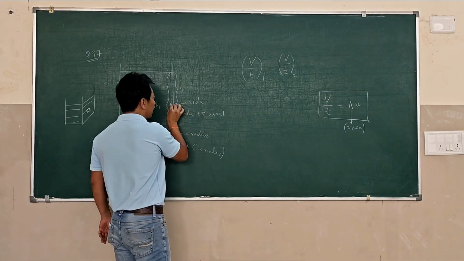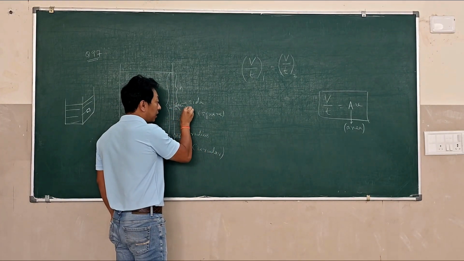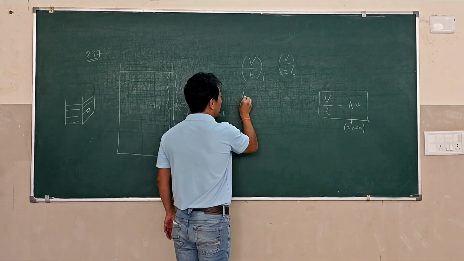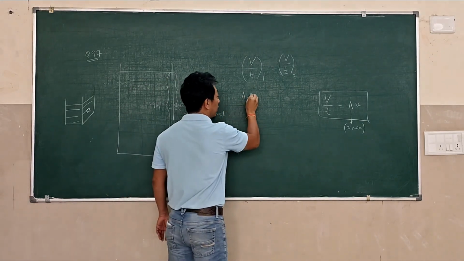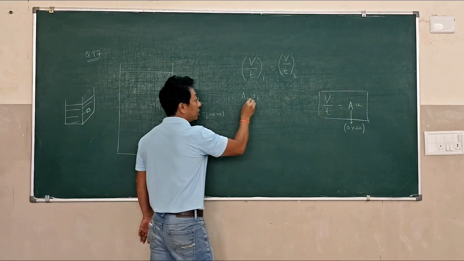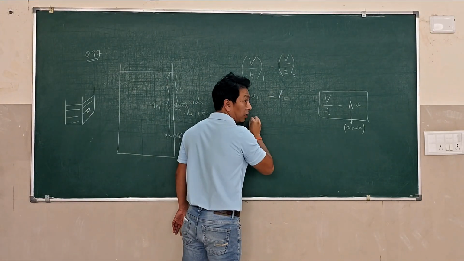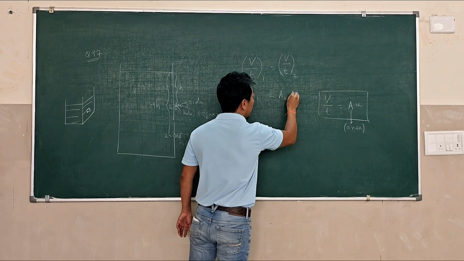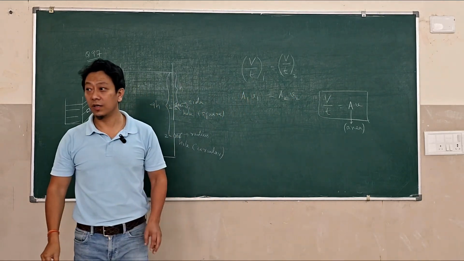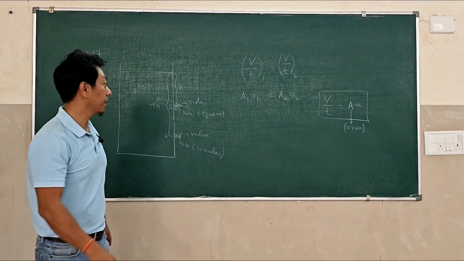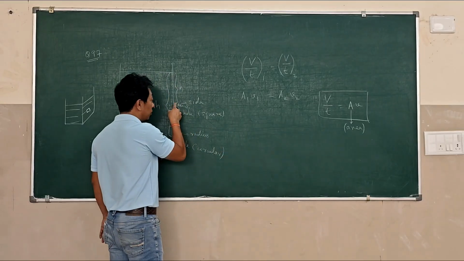Now tell me what is the rate of flow here. Let's say velocity here is v1. Then it is area here into velocity here. What is the rate of flow through this hole? Area of second hole into velocity of flow of water through the second hole.